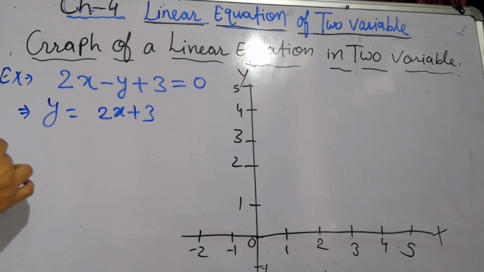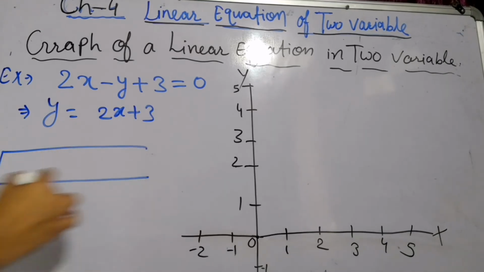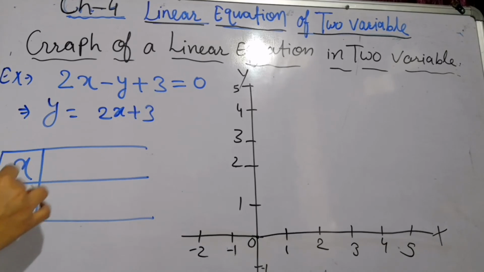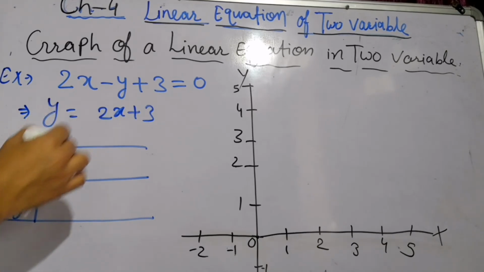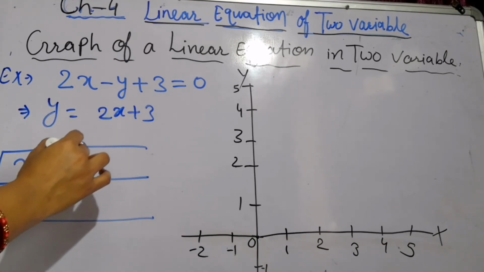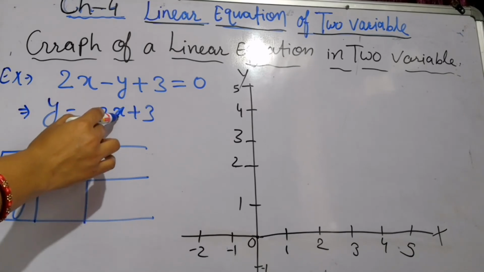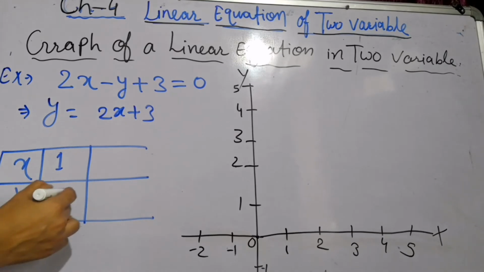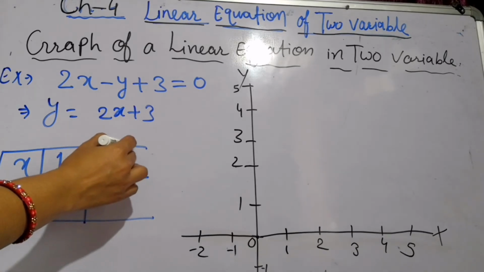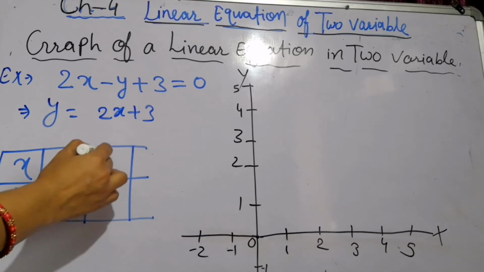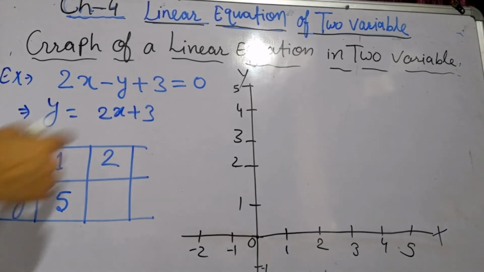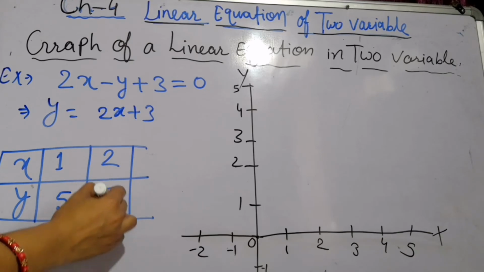Again we will make a table. If x is equal to 1, then 2 into 1 is 2, 2 plus 3 is 5, so y is equal to 5. If x is equal to 2, then 4 plus 3 is 7.